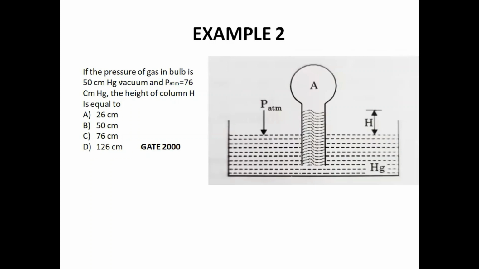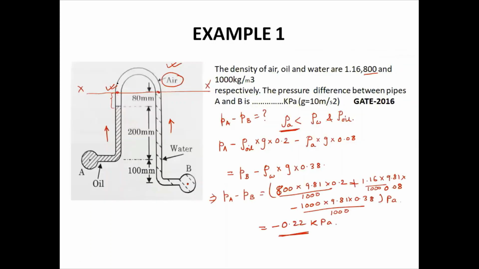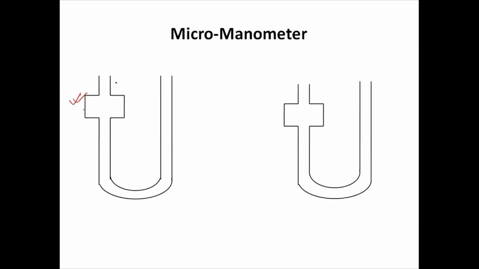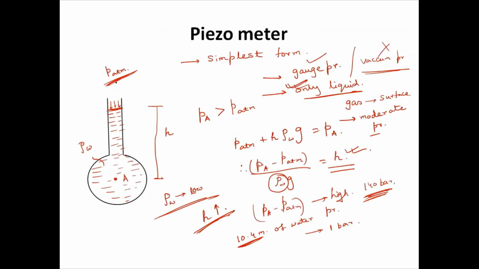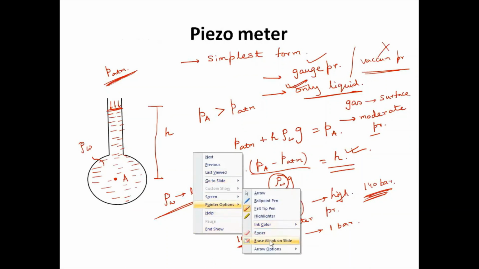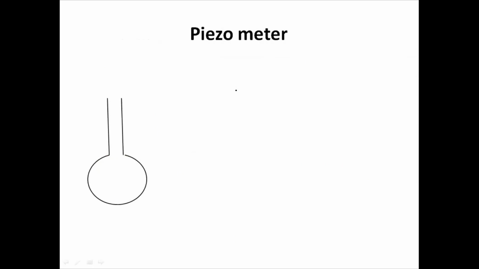Here the pressure of the gas in the bulb is given. Actually, this thing we are not discussing yet. We are going to discuss this: that is about the barometer. In the piezometer section, we have to discuss one more thing, that is the barometer.